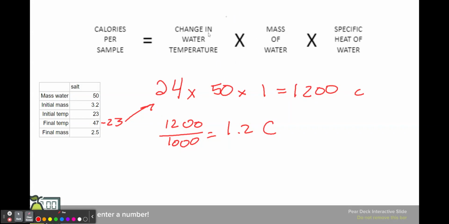Now that's the calories that were given off by whatever amount of food burned. So I have to divide this by how much actually burned. So I have 1.2 kilocalories, and I have to find the amount that burned. So that would be 3.2 minus 2.5, which is 0.7.